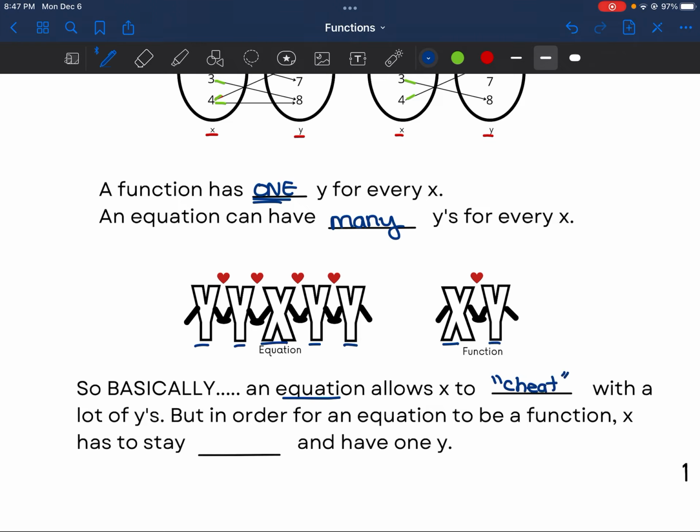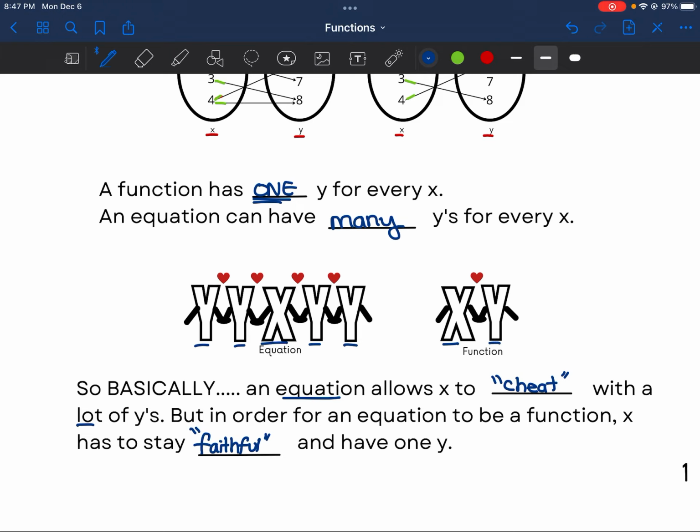I remember equation and cheat because cheat has an e in it. So it's allowed to cheat with a lot of y's. But in order for an equation to be a function, x has to stay faithful. So a good way for me to remember is function faithful. So he has to stay faithful and have one y.